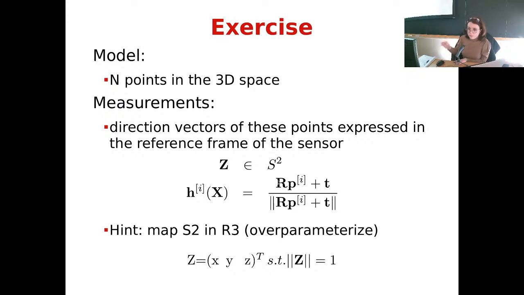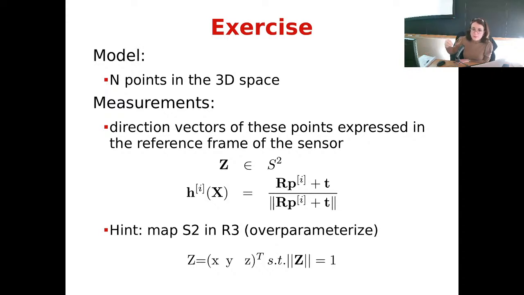But up to now, the important thing to notice is that we do not have points in the reference frame of the sensor, as it was in the previous exercise. We only have directions of points. Now, having directions in the 3D space is equivalent to having an azimuth and elevation angle.